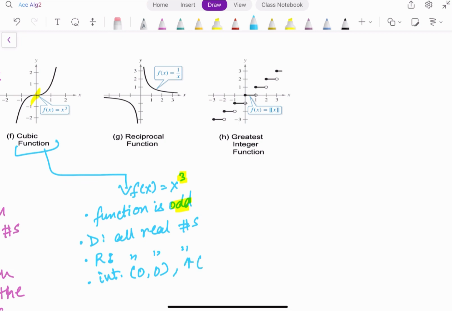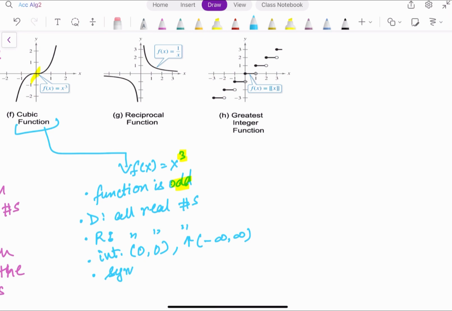Now let's talk about where it is increasing. So it is increasing everywhere. So negative infinity to infinity, that is your increasing interval. Because it is changing from the third quadrant to the first quadrant and the squiggle, we can say it is symmetric to the origin.